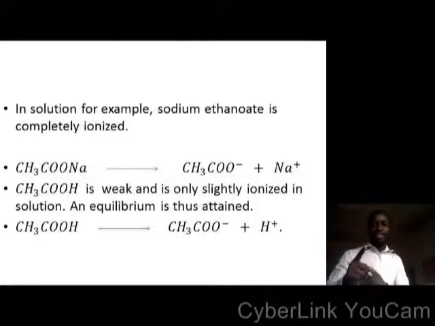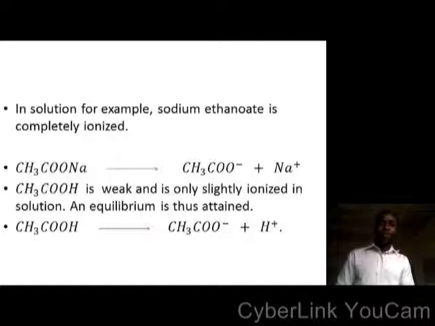That is the CH3COO minus plus Na plus. Look at the acid. Ethanoic acid is weak and only slightly ionizing in water. So it does not ionize completely because it's a weak acid. So that is what you need to know about acid buffer.